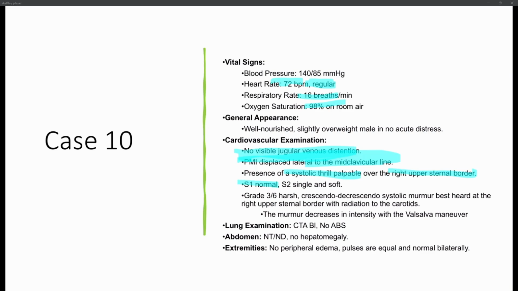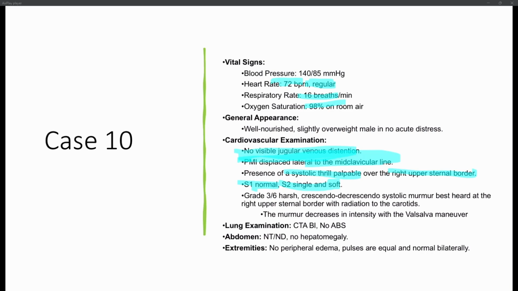S1 is normal, but S2 is single and soft. What are some reasons for a soft S2? S2 is what valve? S2, aortic. So a soft S2 is due to the stenosis.